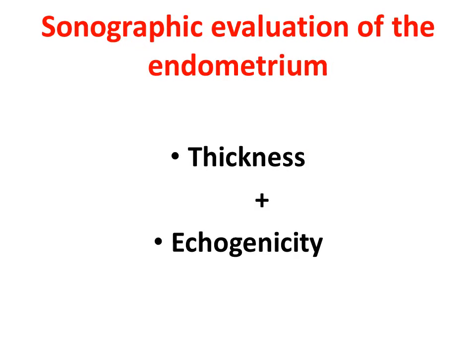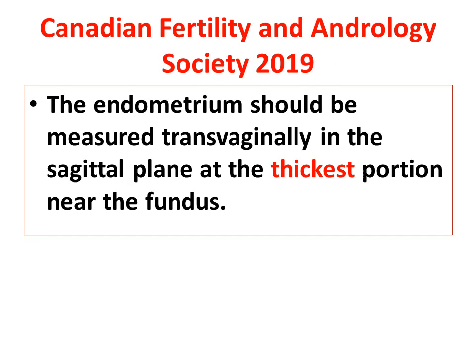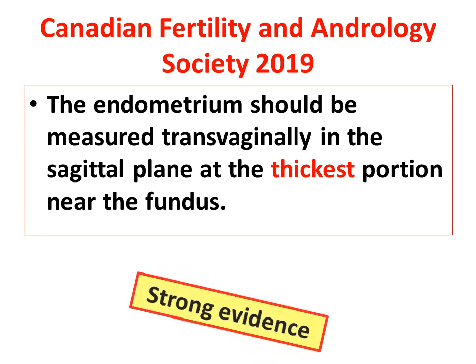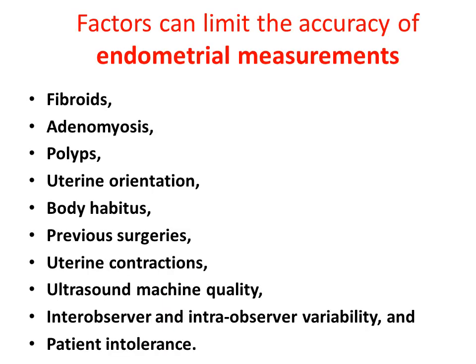So during transvaginal sonography, we should comment on the thickness and echogenicity as well. The Canadian Fertility and Andrology Society 2019 mentions that the endometrium should be measured transvaginally in the sagittal plane at the thickest portion near the fundus, with strong evidence for this.